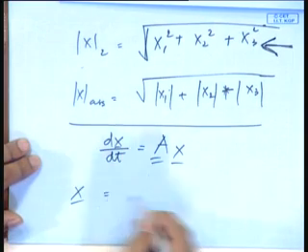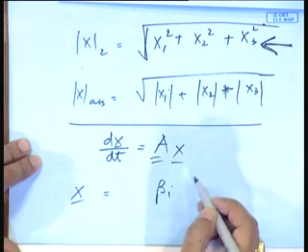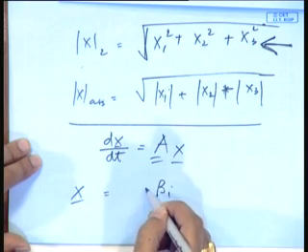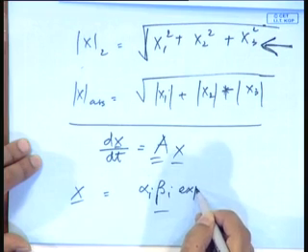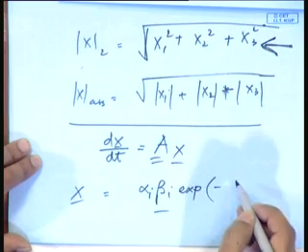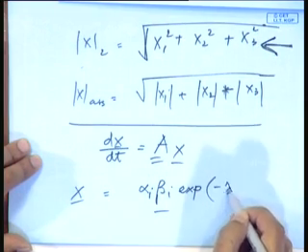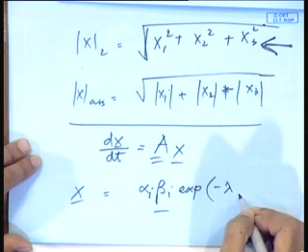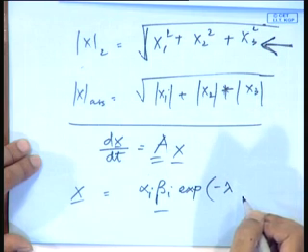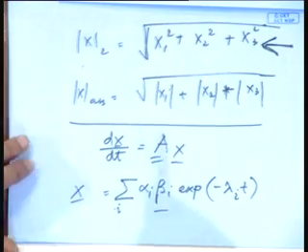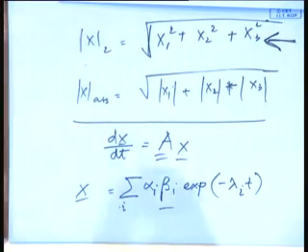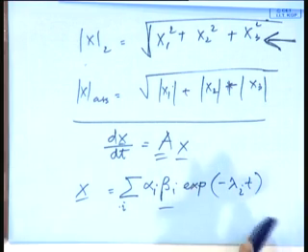Eigenvector times some constant alpha i times exponential, you mean, minus, yeah, times eigenvalue times t, yeah, and sigma of that. Okay. So yeah, how did you get this?